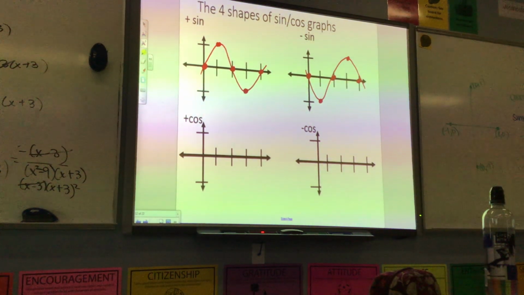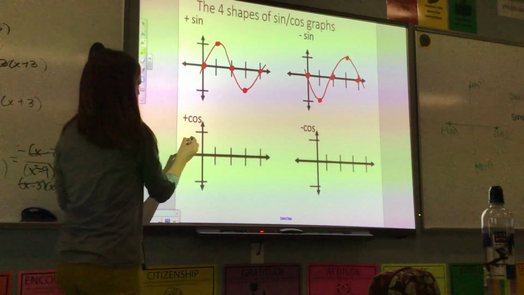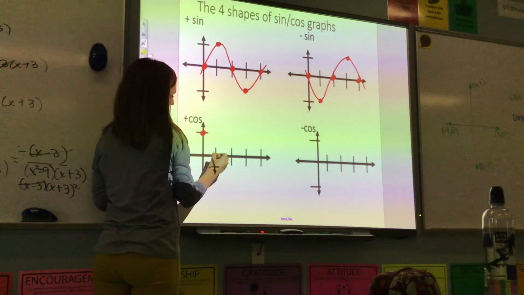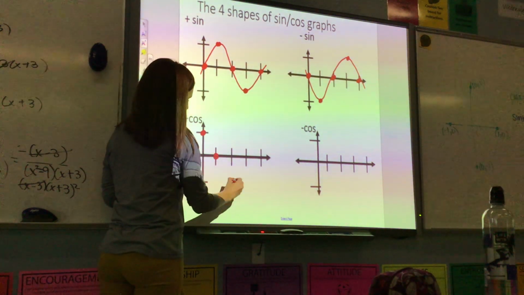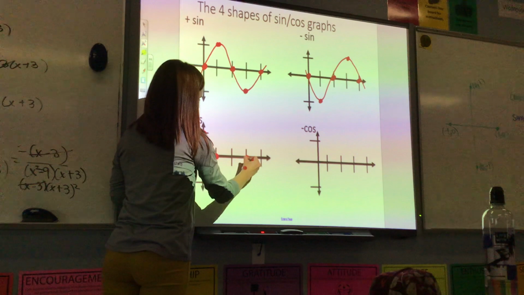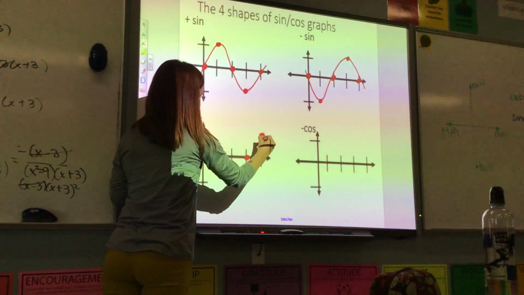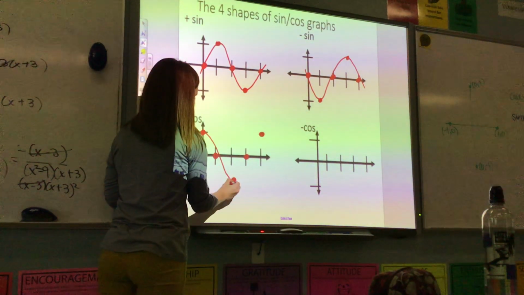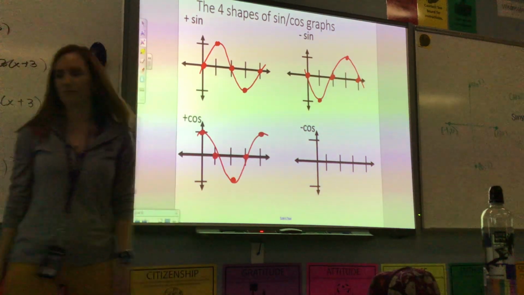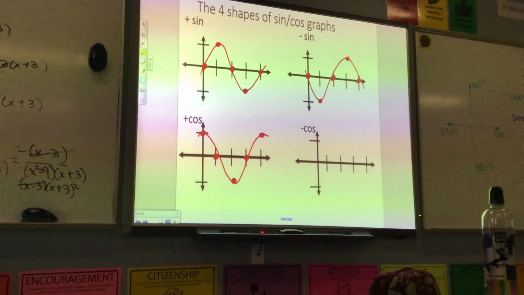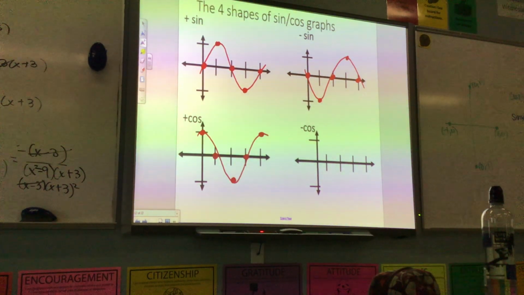Where will cosine start? And what will be the only difference between cosine and negative cosine?